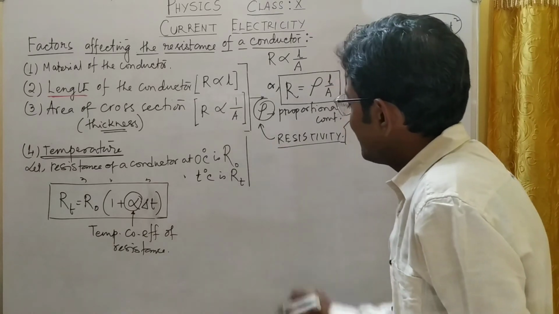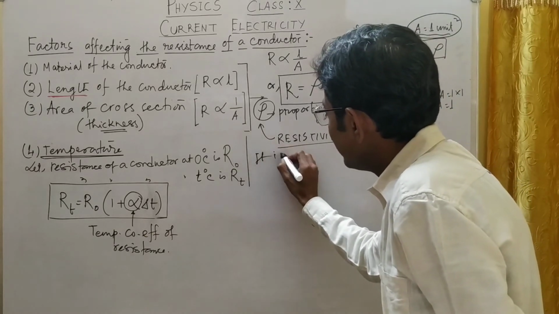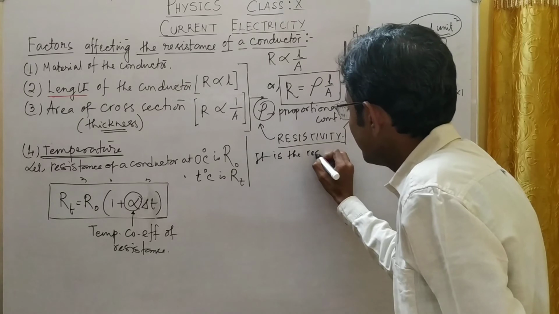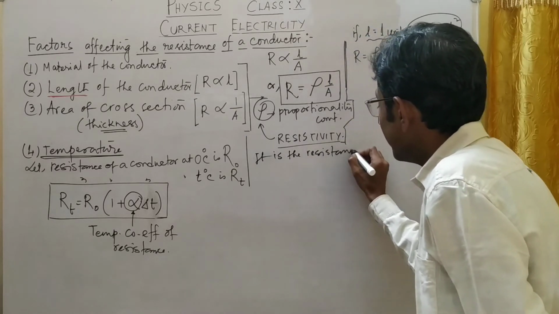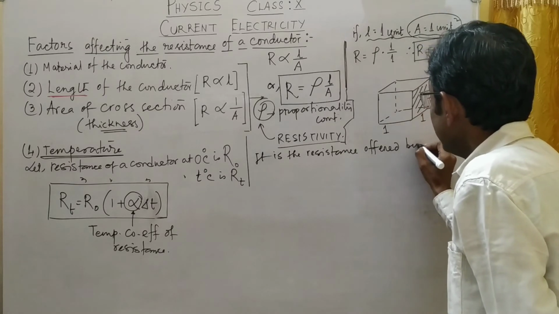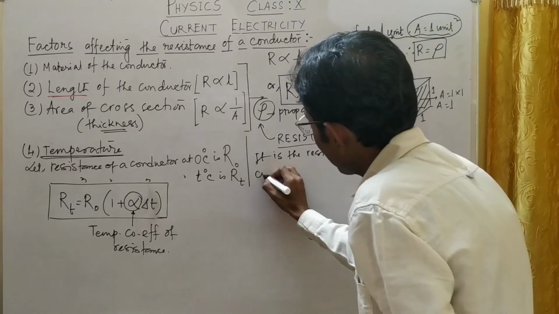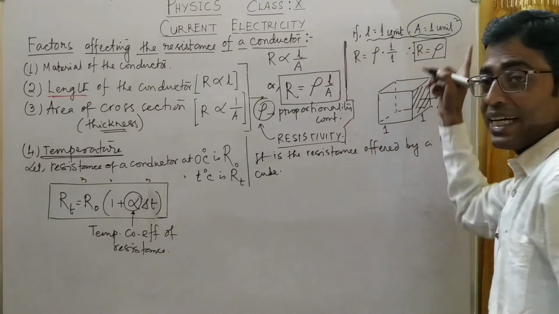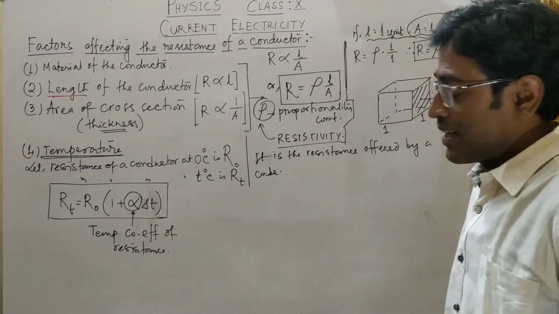So what is resistivity? It is the resistance offered by a cube. Why a cube? Length, breadth and height are the same.